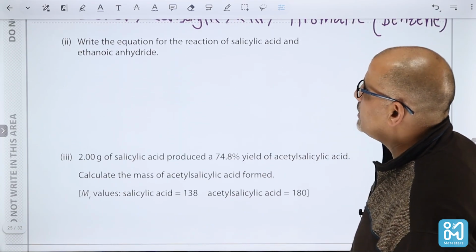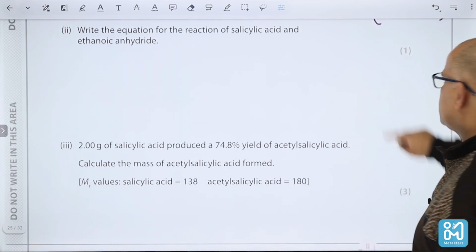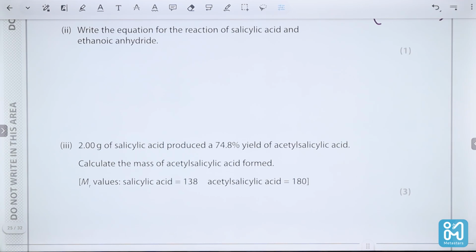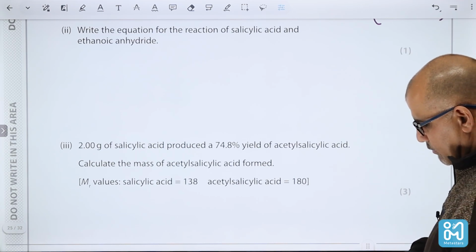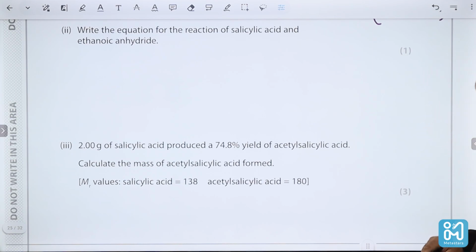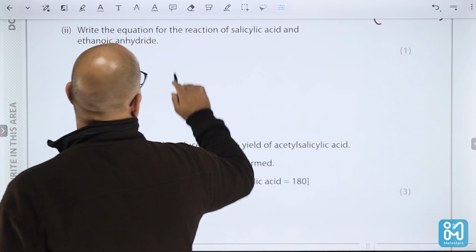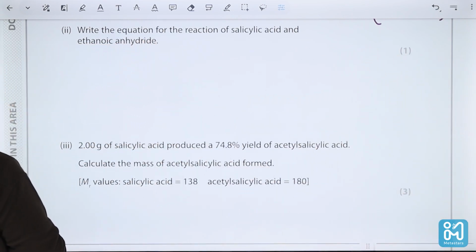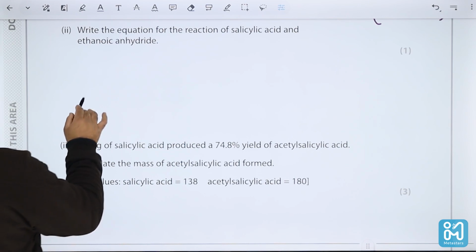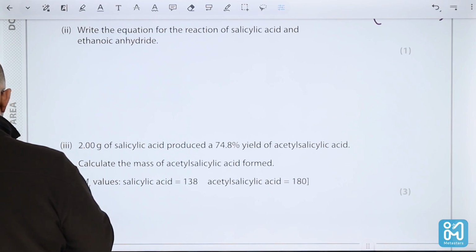is write an equation for the reaction of salicylic acid. I can take the structure from the paper itself. So it is like that, this salicylic acid with an ethanoic anhydride. So we'll draw the structure like that.